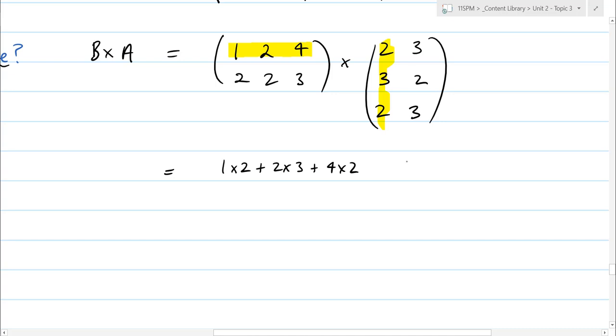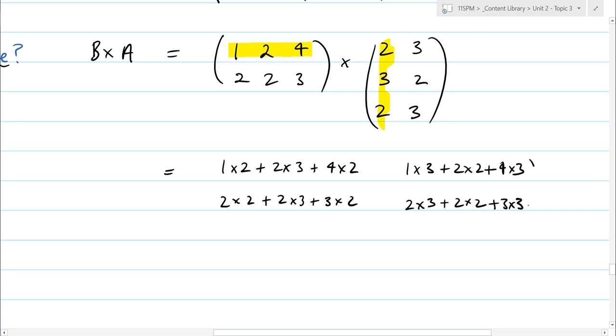And then my next one, top row, second column, is 1 times 2, no that's wrong, sorry, 1 times 3 plus 2 times 2 plus 4 times 3, and then I get 2 times 2 plus 2 times 3 plus 3 times 2, and then 2 times 3 plus 2 times 2 plus 3 times 3. I'll get one of these wrong and you can correct me. Let's just pretend I'm doing it deliberately.